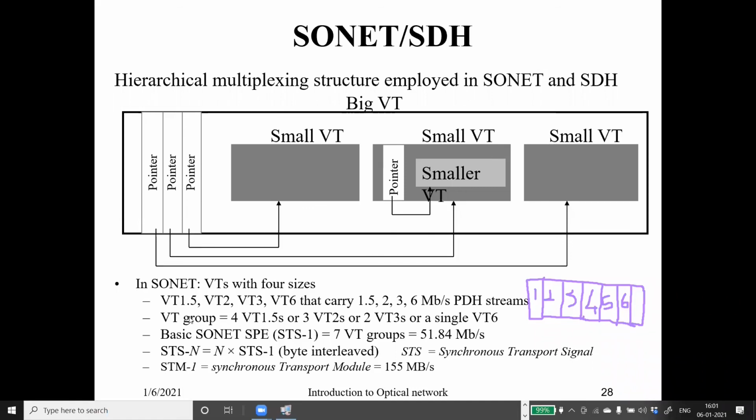So this group, as you see, when I say a virtual tributary group, अगर हम एक फ्रेम को 7 वर्चुअल ट्रिब्यूटरीज में ब्रेक कर रहे हैं तो एक वर्चुअल ट्रिब्यूटरी में यू कैन कीप आइदर 4 1.5 वर्चुअल ट्रिब्यूटरीज या 3 2 Mbps virtual tributaries or 2 3 Mbps virtual tributary or 1 6 Mbps virtual tributary. Is it clear? हाँ. और या फिर हम पूरा फ्रेम 51.84 यूज कर सकते हैं.